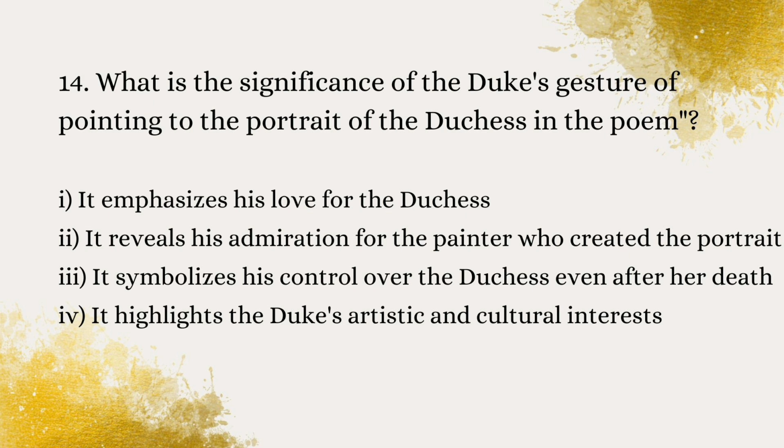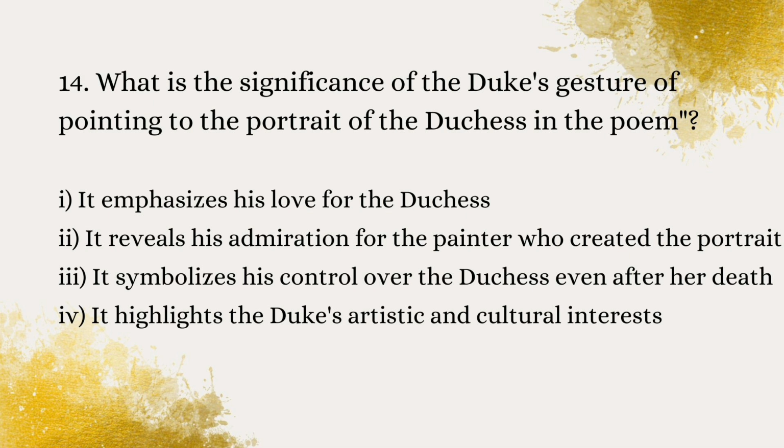And the phrase of the poem which ultimately leads us to this answer is that the Duke says none has the permission to open that portrait. So it symbolizes his control, rather than his genuine love for the Duchess, rather than his admiration for the painter, who is only given a single day to portray the lady. And even the Duke was present in that session.